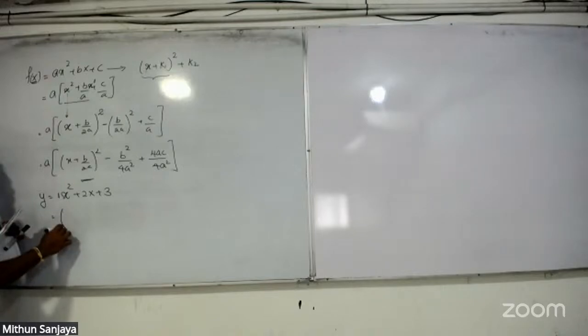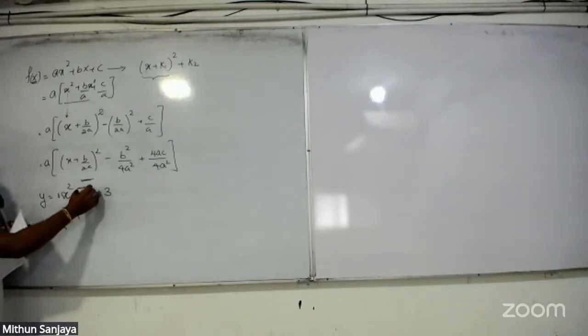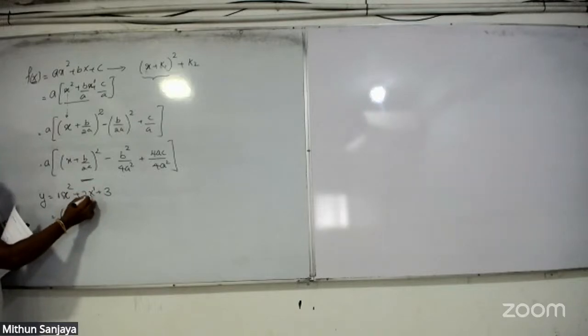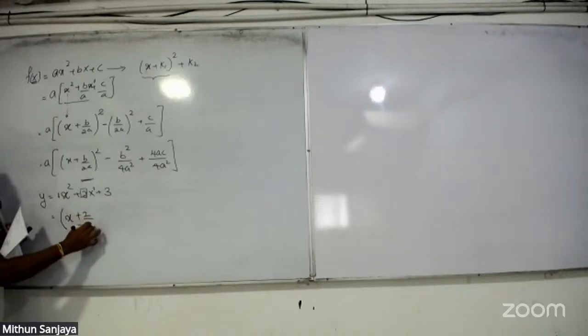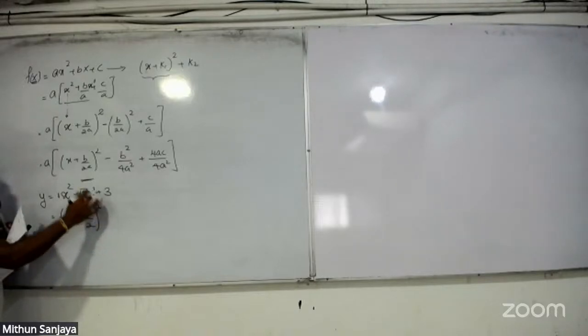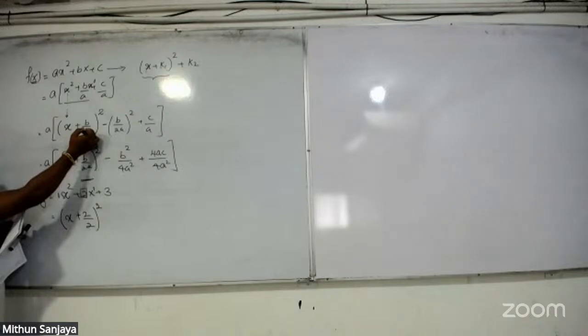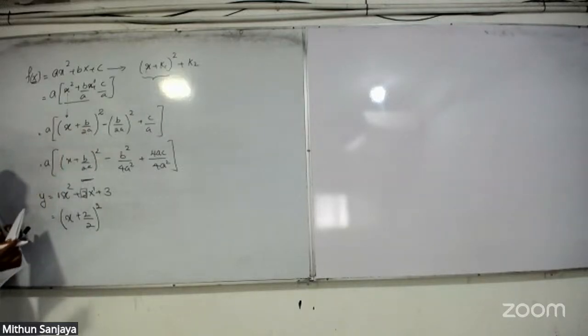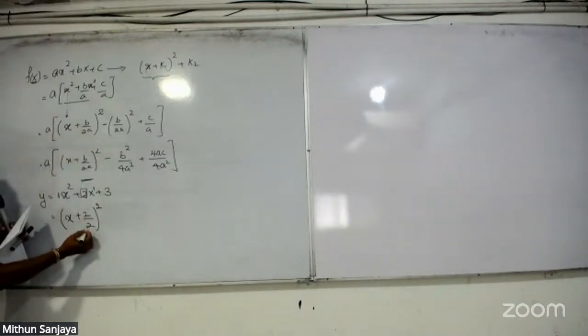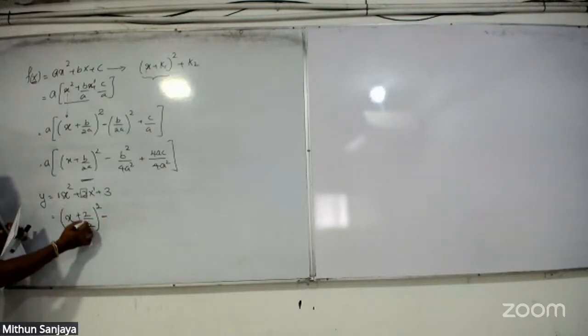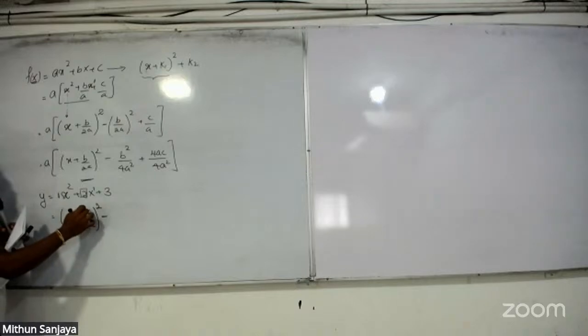So we put the bracket and write the variable x plus its first power coefficient, which is 2, divided by 2. Then 2 over 2 simplifies to 1.